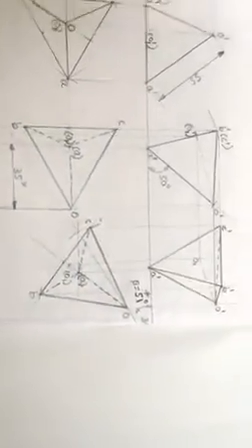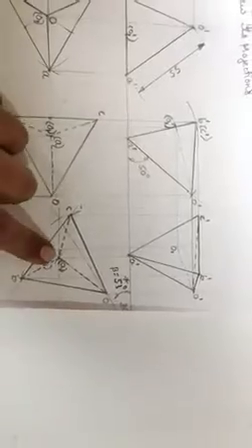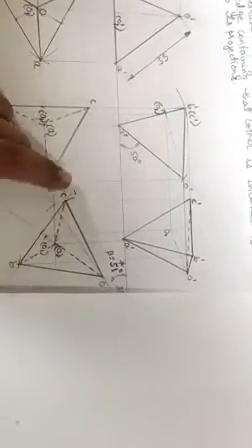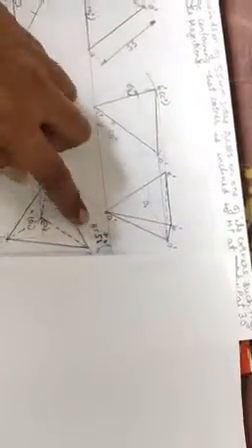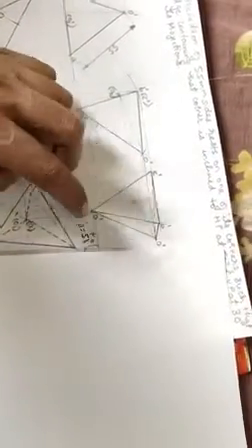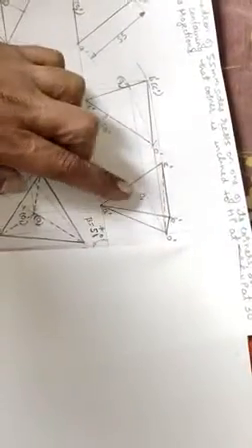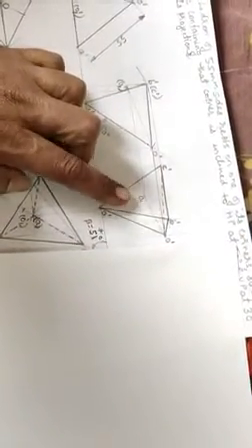Now to get the final front view, as usual you get all the corners A, B, C, O1, O. You match them: A with A, B with B, C with C, O with O, O1 with O1. So you have got corners A dash, O dash, B dash, C dash and O1 dash here.